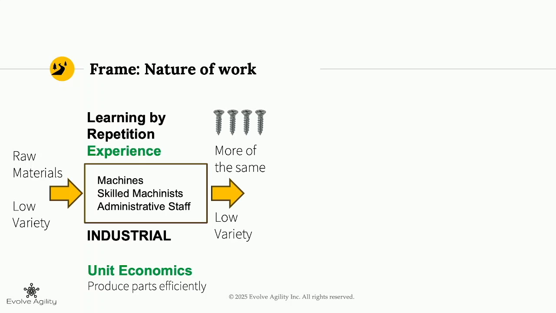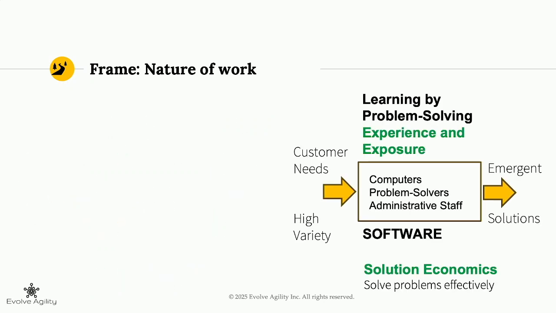The difference is in the nature of work. In industrial work, you have to learn by repetition, which means you require experience to be able to operate the machine and generate a quality product. And if the machine breaks down, you need to know who to call so the machine can be fixed. In the software world, you're not producing more of the same.